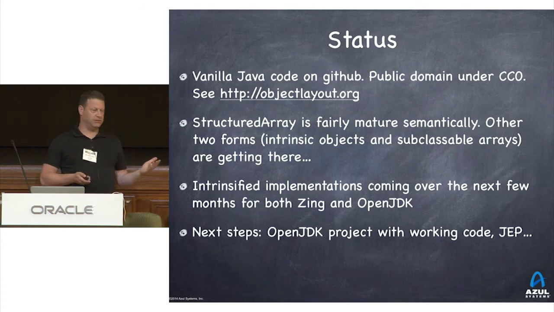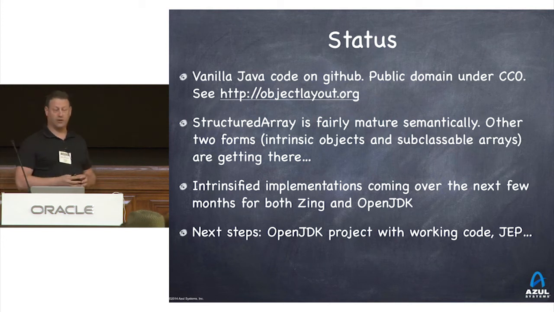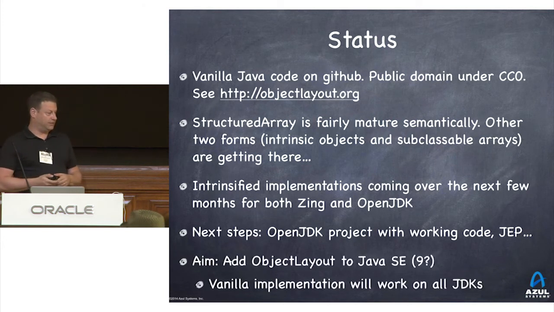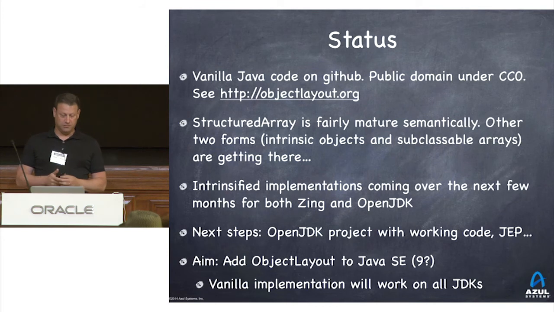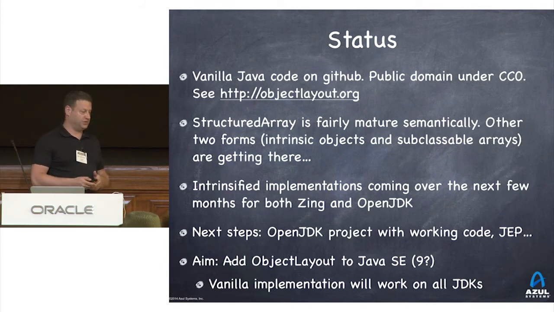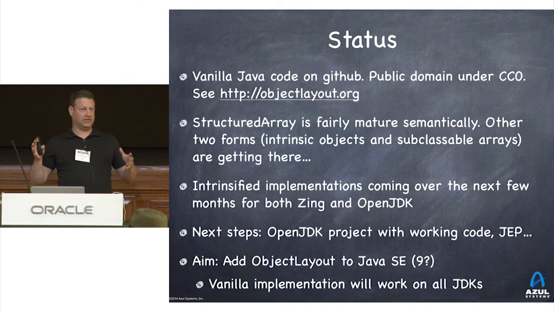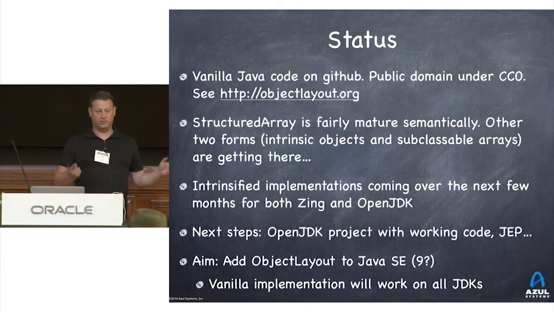And the idea is that we will look to start an OpenJDK project and later a JEP to solidify and capture this and argue about it. And then our aim is to add this at some point to some Java SE platform, hopefully 9, and we'll see what that means. A key point is the vanilla implementation will work on all JDKs. So you don't actually have to complete the speed up in order to add this, right?